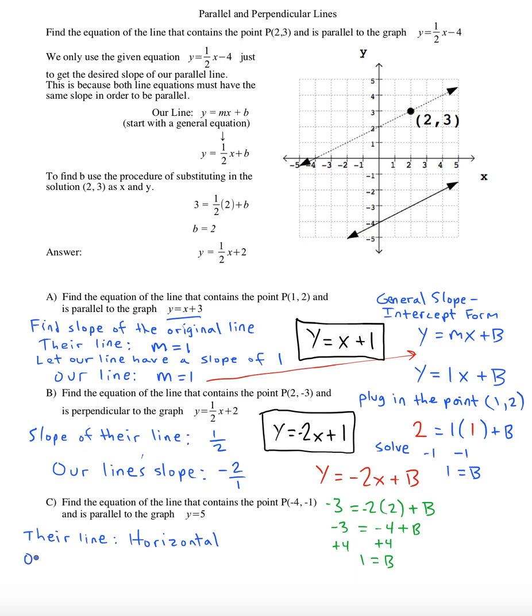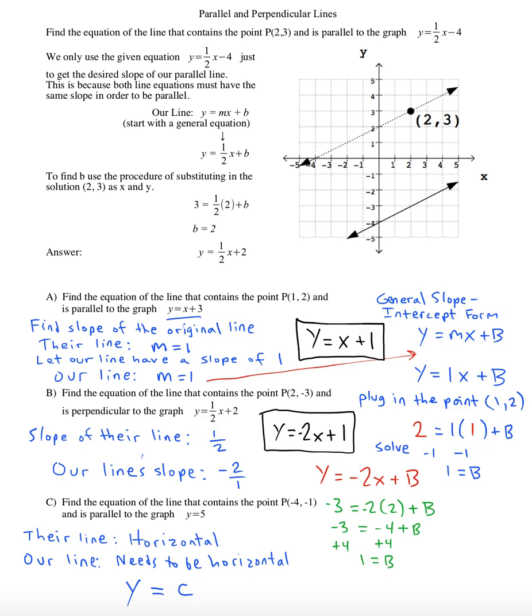We want a parallel line, so our line needs to be horizontal. A horizontal line comes in the form of y equals some number, some constant c here.